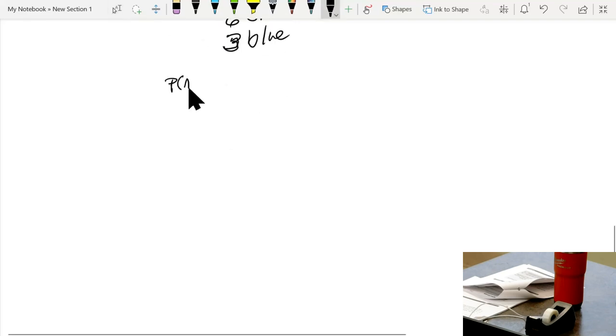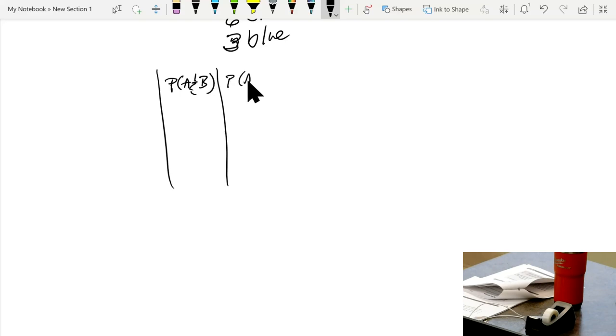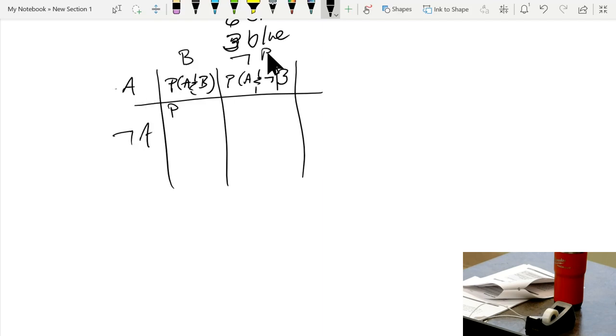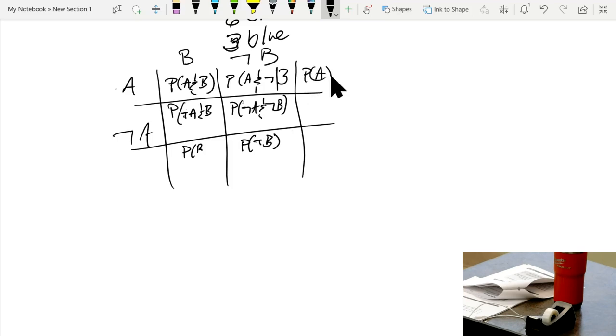This is the probability of A and B. Probability of A and not B. Probability, this is A, not A, B, not B, not A and B, probability of not A and not B. This is probability of B, probability of not B, probability of A. I add across all the events that A is involved in.